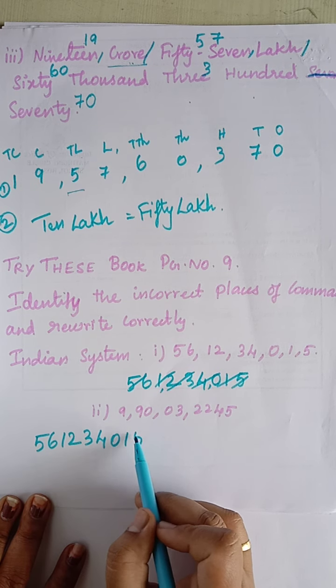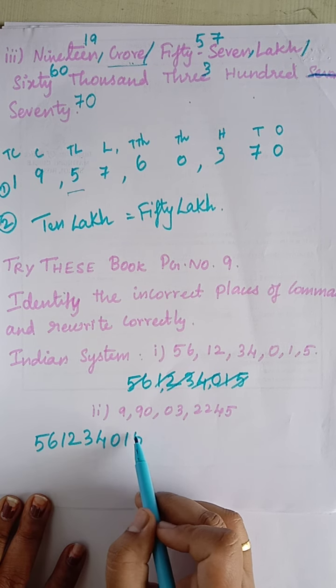Okay, so I am writing here. So 0 1 5 means what we have to do? We have to put commas in the Indian system, which means 1 2 3 comma 1 2 comma 1 2 comma 1 2. Sorry students, sorry. Indian system means 1 2 3 comma 1 2 comma 1 2 comma 1 2.